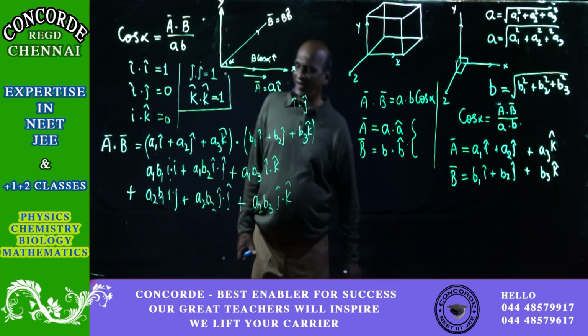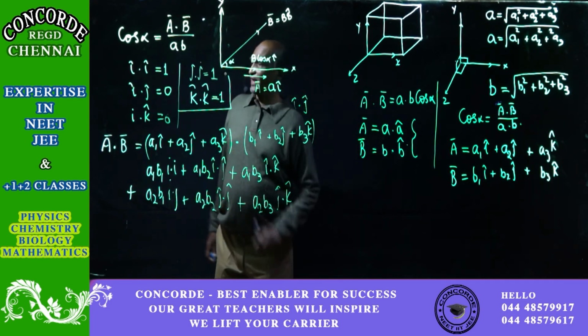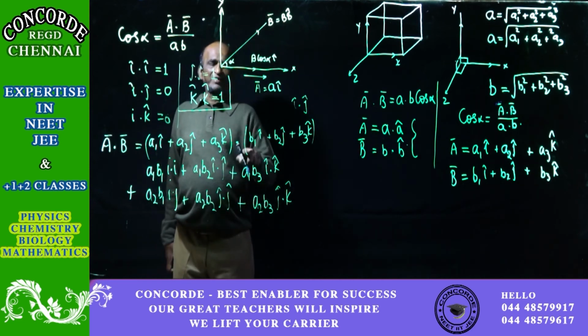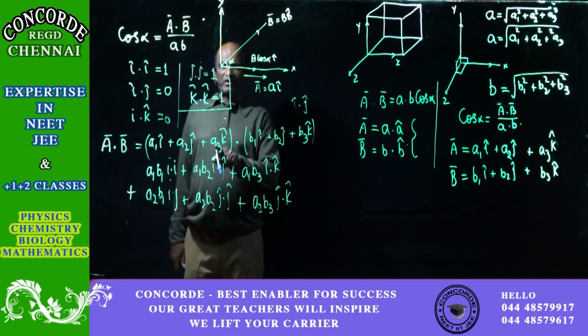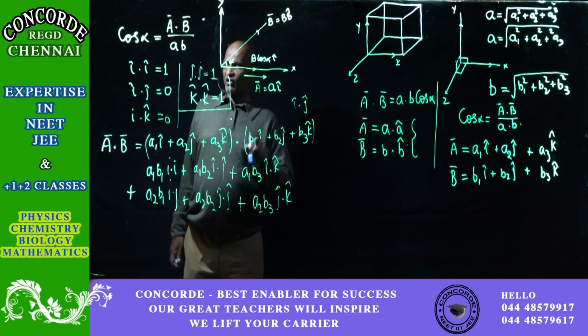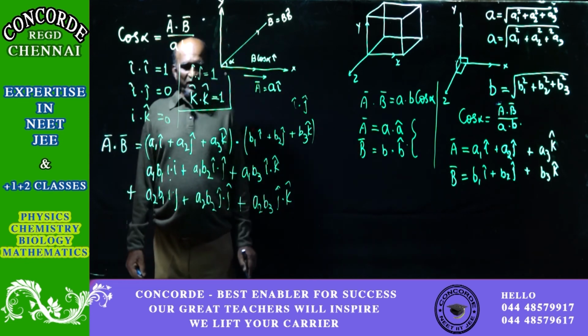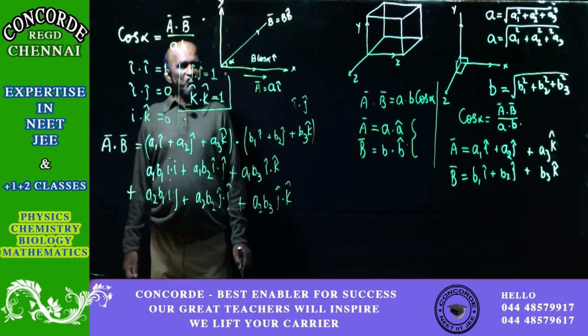Okay. Then for the third term, A3K multiply with B1I. So it will be A3 B1 K dot I or I dot K. It's all one and the same thing.